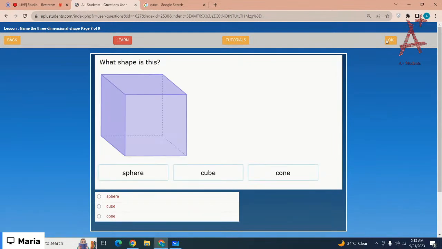What shape is this? Which is the correct option? That is a cube, right? That's the shape. You can see your toys, right? That is a cube.